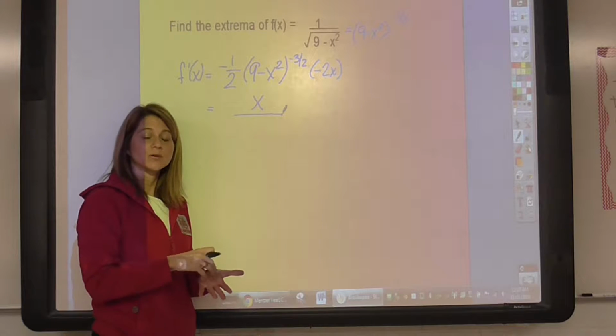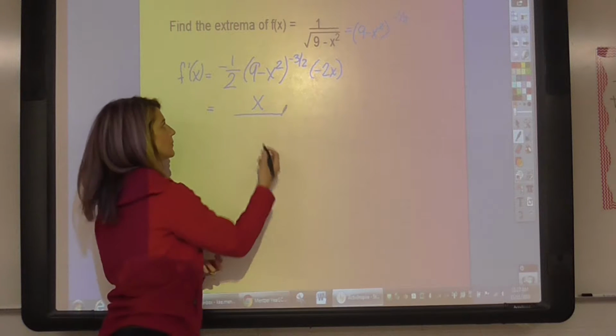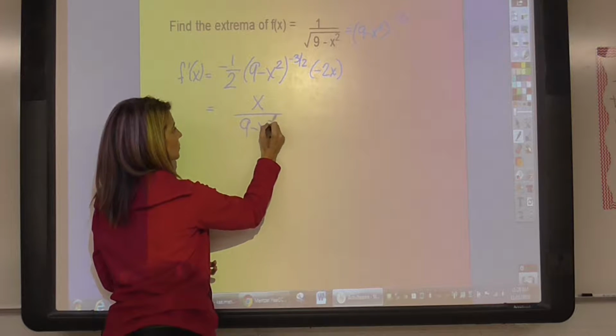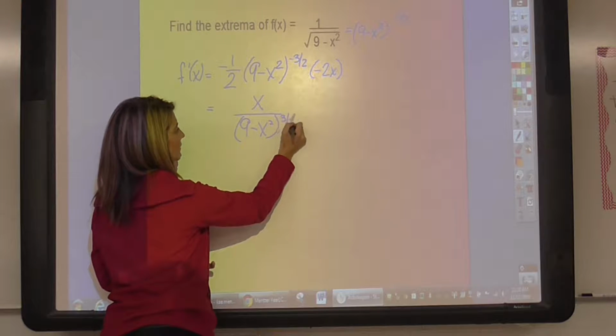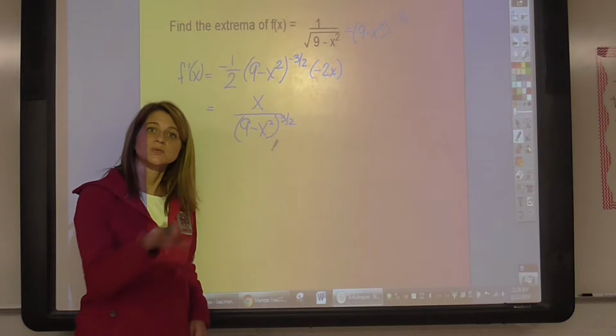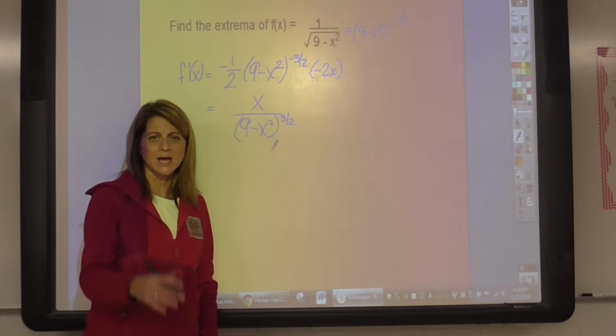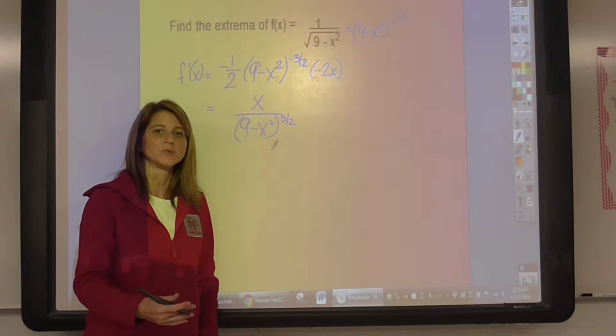And that negative 3 halves power, I'll bring that to the denominator as a 3 halves power. So 9 minus x squared all to the 3 halves power. Okay. Not the easiest, but at least it's not two separate terms that we have to multiply together. We don't have to add or subtract them together. We don't have to find a common denominator.